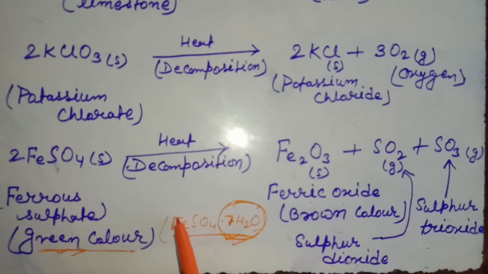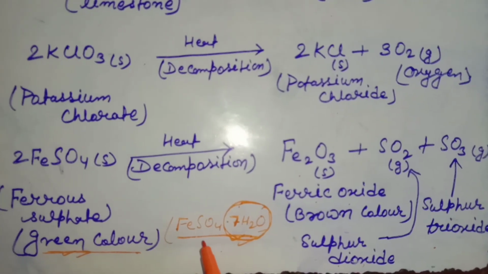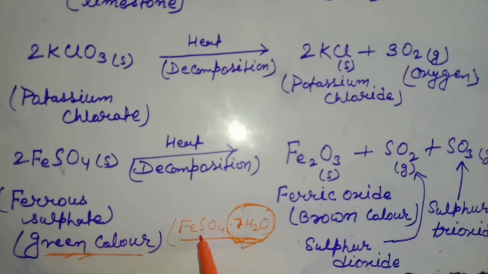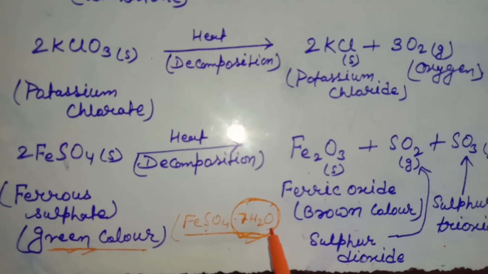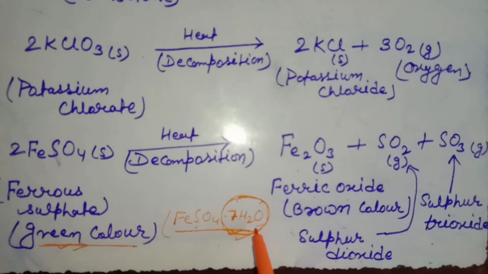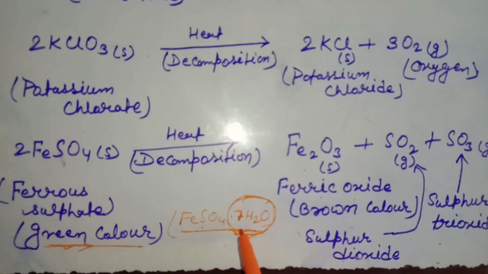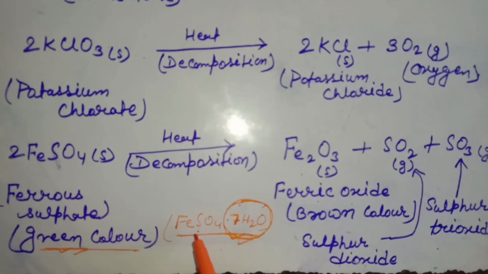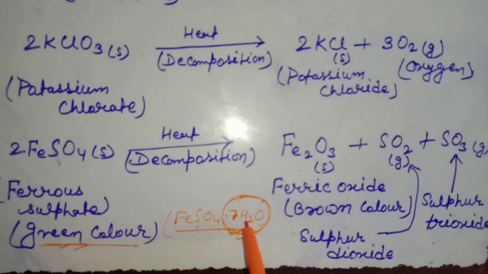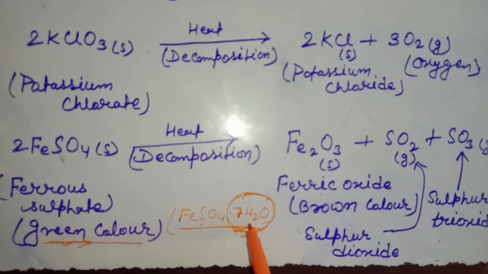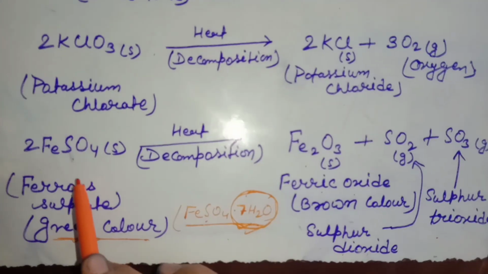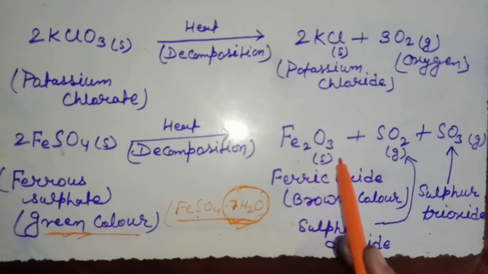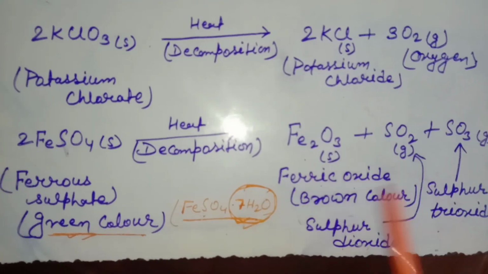So the name of this compound before losing the water molecules is ferrous sulfate heptahydrate. Ferrous sulfate heptahydrate means it contains 7 molecules of water. Hepta means 7. After losing 7 molecules of water, it becomes ferrous sulfate, and on further heating, that reaction is carried out. Decomposition of all these products.